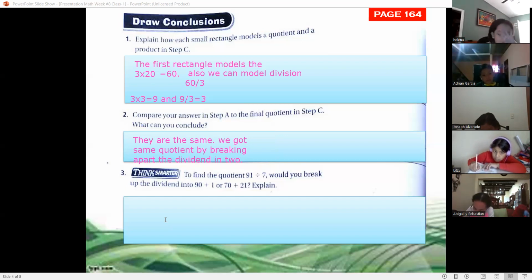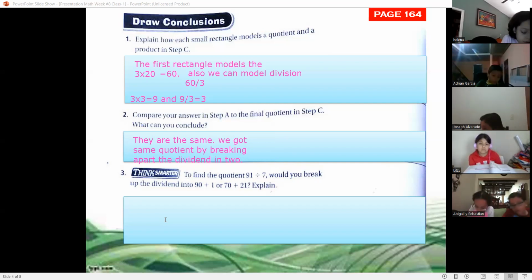And the last one says to find the quotient. This one you can make on your own. To find the quotient 91 divided by 7, would you break up the dividend into 90 plus 1 or 70 plus 21? How can you break apart 91?